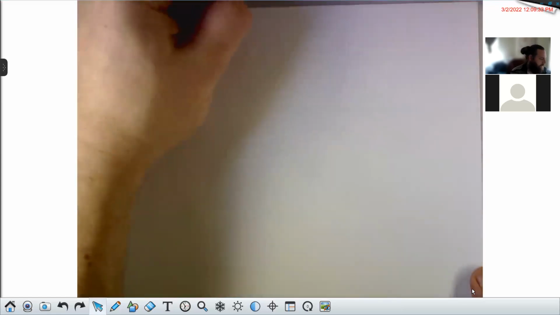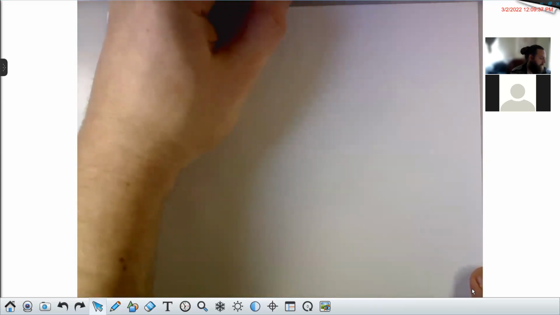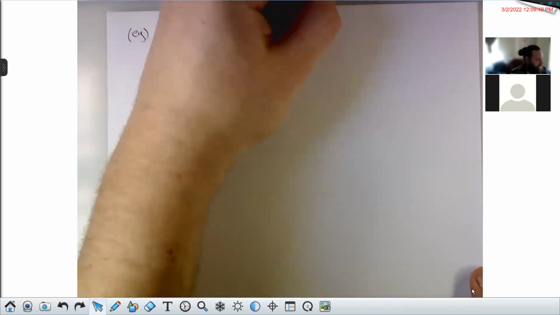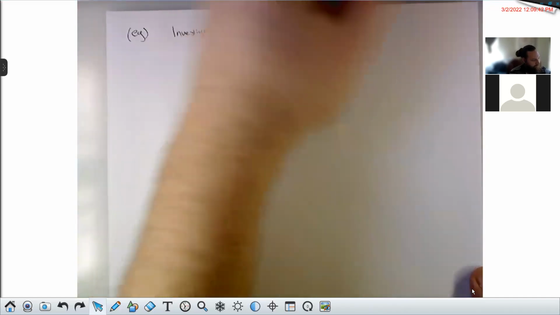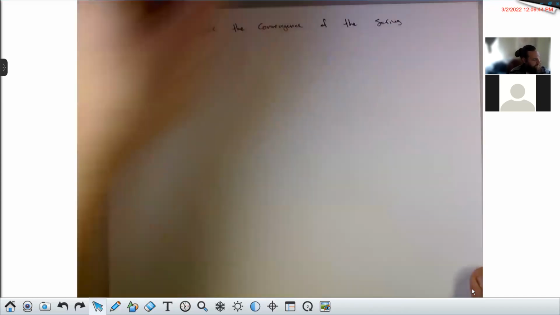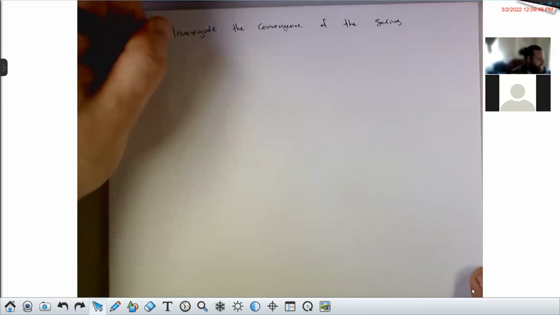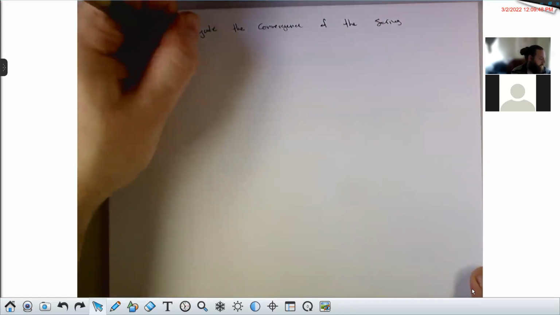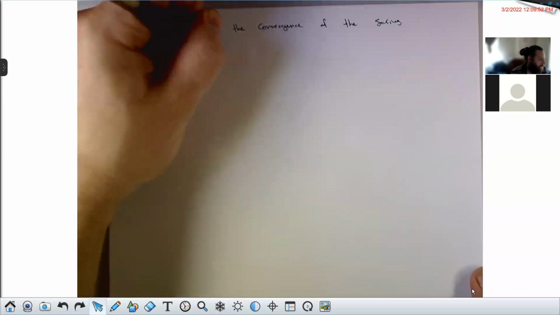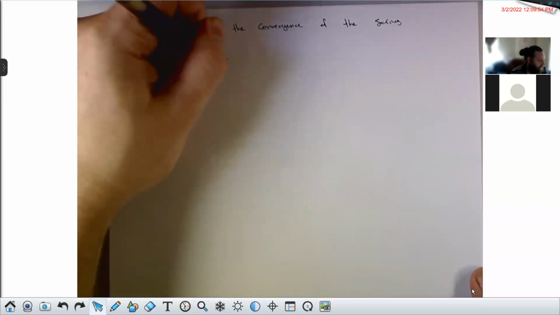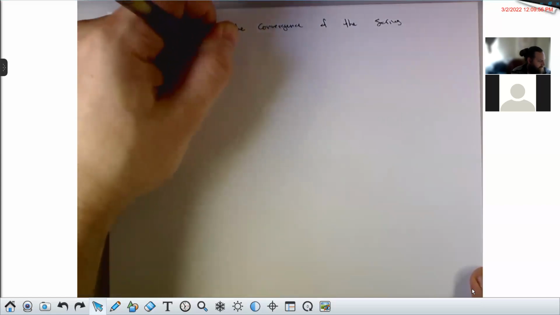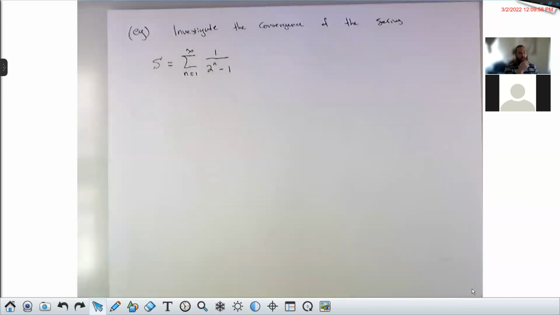We're going to investigate the convergence of the series, a lot like the one we did a second ago. Sigma n from 1 to infinity, 1 over 2 to the n minus 1, now instead of plus 1.